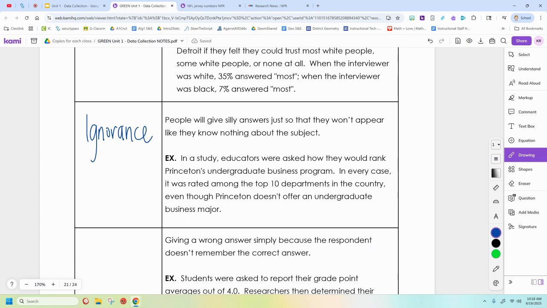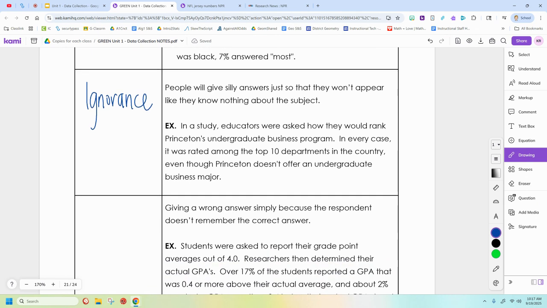There was a study that asked educators how they would rank Princeton's undergraduate business program, and everybody's like, oh, that's got to be in the top 10 in the country, but actually Princeton doesn't even offer a business program. It's just the fact that people were talking about Princeton. Well, if it's from Princeton, it's got to be good, right? So there's that kind of ignorance. You just don't know what you don't know, and it's better to just say, I don't know the answer.